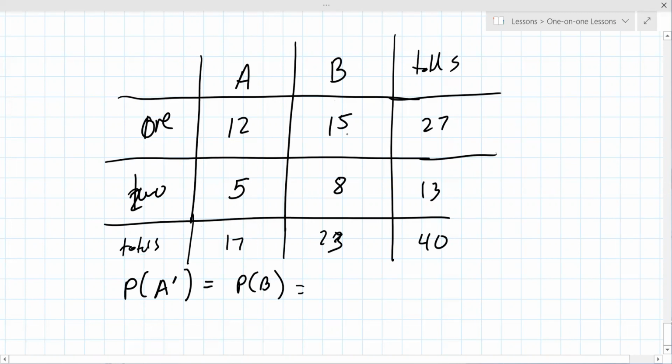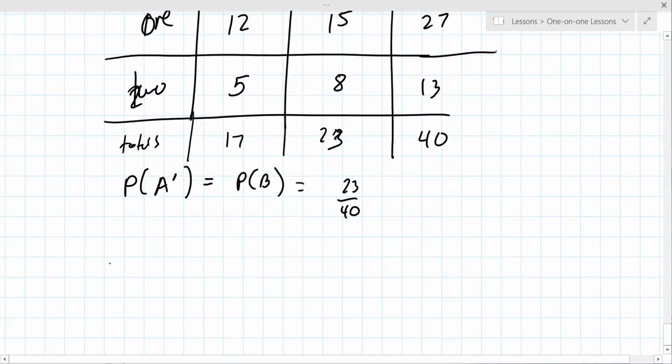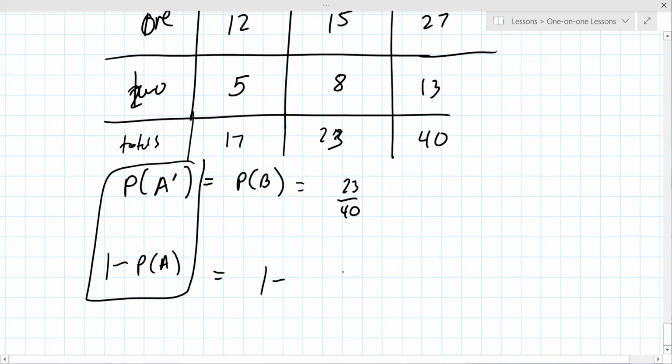The other possibility is B. That's 23 out of 40. Now another way to look at probability of not A is 1 minus the probability that it is A. These are the same. So that's 1 minus 17 over 40, which equals 23 over 40.